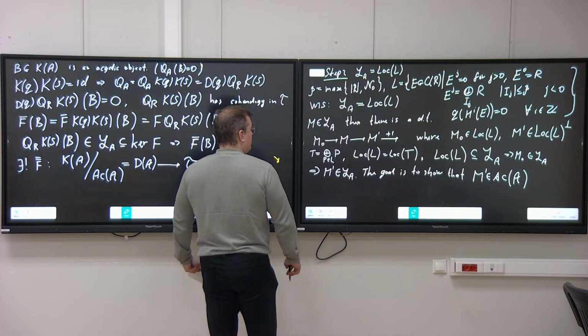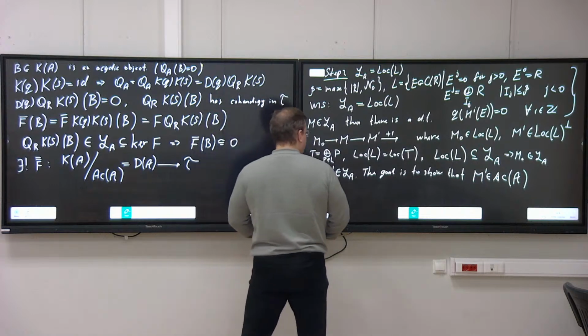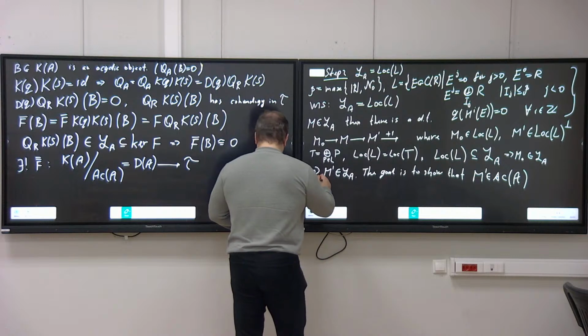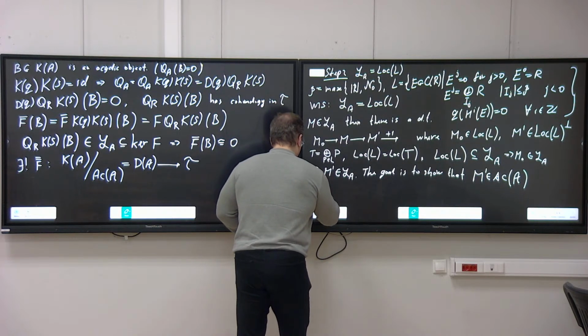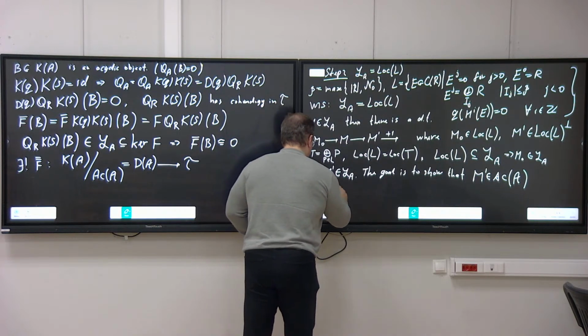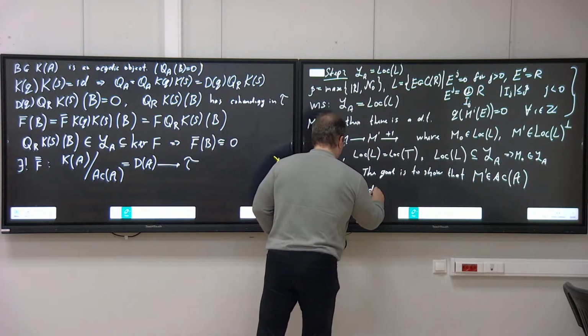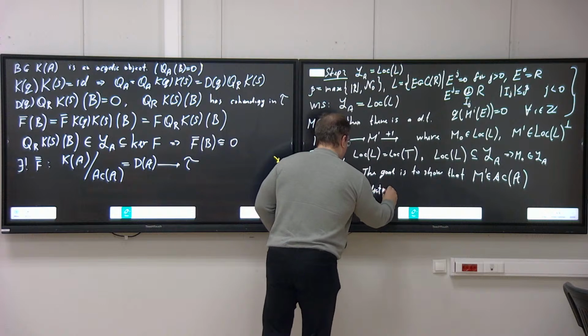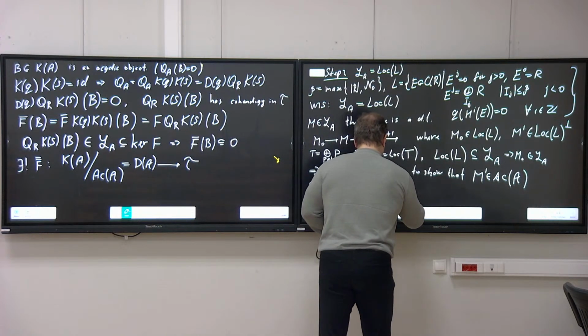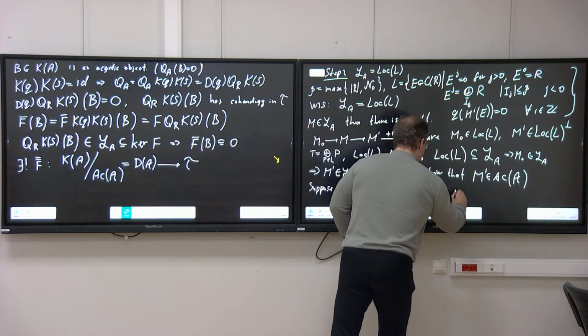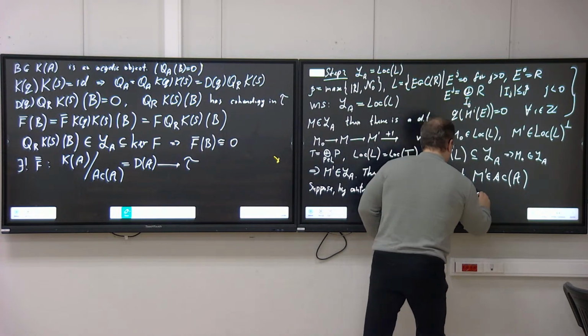So let's suppose by contradiction that this is not acyclic and derive something that contradicts something in this statement. So suppose by contradiction that M prime is not acyclic.